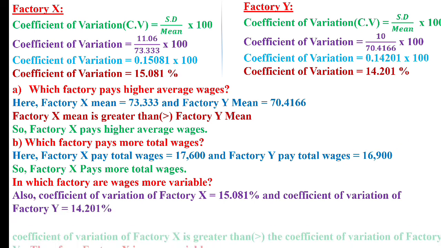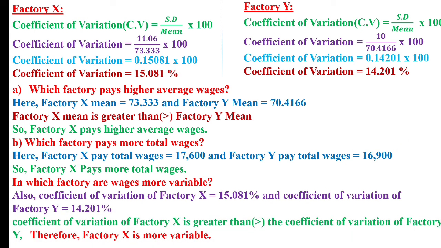Here factory X will be more, so the coefficient of variation of factory X is greater than that of factory Y. Therefore factory X is more variable. Consistent means less percentage of coefficient of variation; more variable, more percentage of coefficient of variation we need to consider. So till here the 14 mark question types are studied.